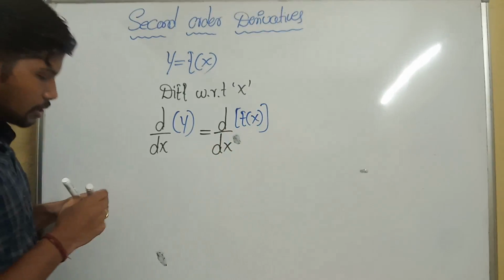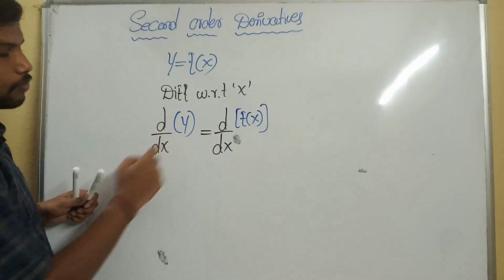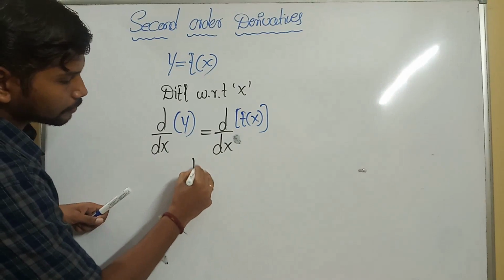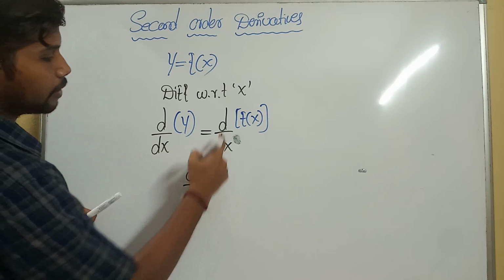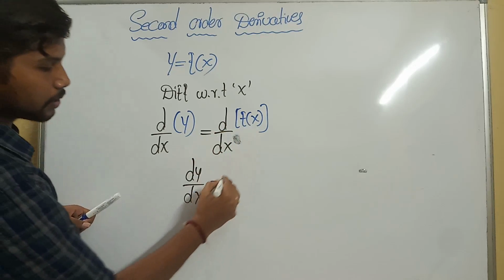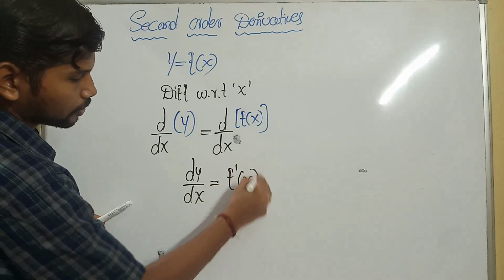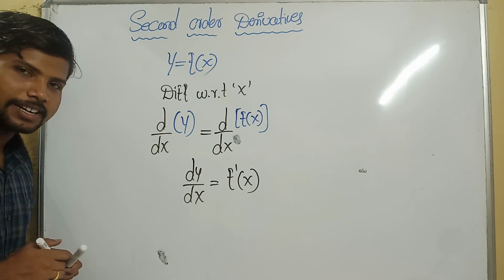In the next step, d by dx of y is nothing but dy by dx. The derivative of f of x with respect to x is f dash of x. Did you understand the part clearly?